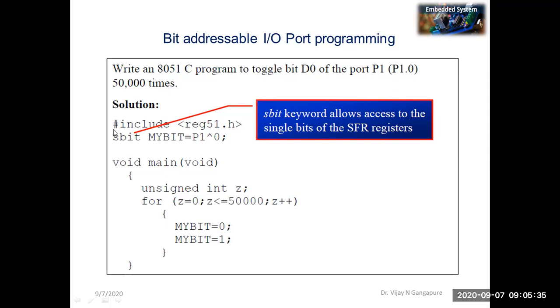The program: hash include reg51.h, sbit mybit equals P1 caret 0 semicolon. Here sbit means single bit from a bit addressable SFR. So I am declaring mybit as an sbit type variable, to which I am assigning the port 1 pin number 0 address.